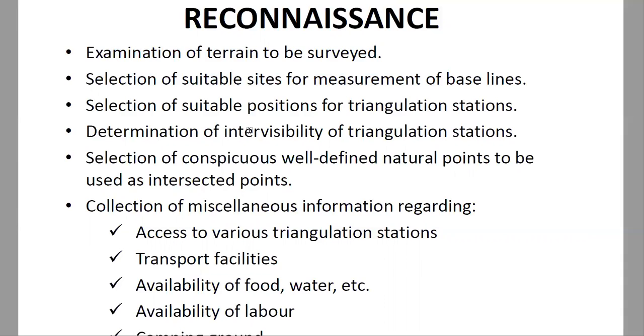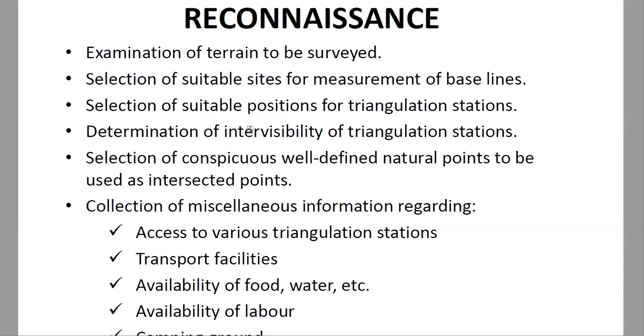Selection of suitable position for triangulation stations. Why do we need to select suitable positions of stations? Because if we do not have the stations at suitable positions, then we will not be able to bisect the stations properly.